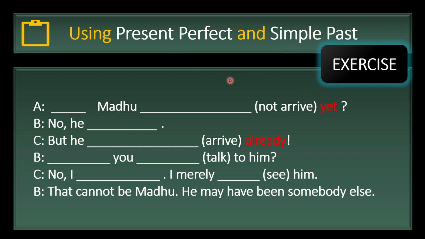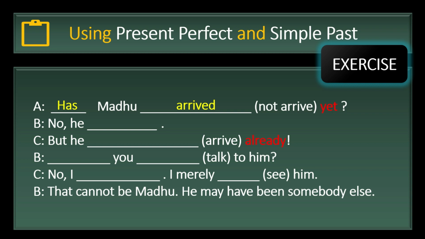So we can choose present perfect. And what is the structure of a question in present perfect? Have or has, V3. But Madhu is third person singular, so we use has. Madhu arrived. But I'm sorry, I have to mention not here. Has Madhu not arrived yet? Has Madhu not arrived yet?